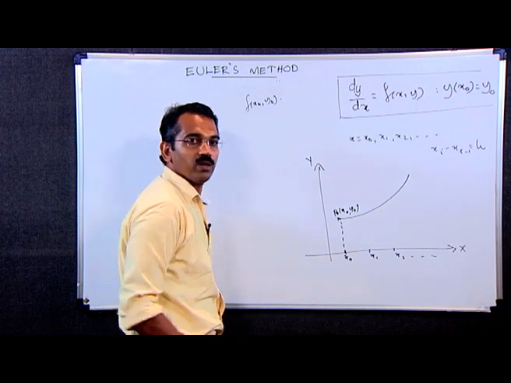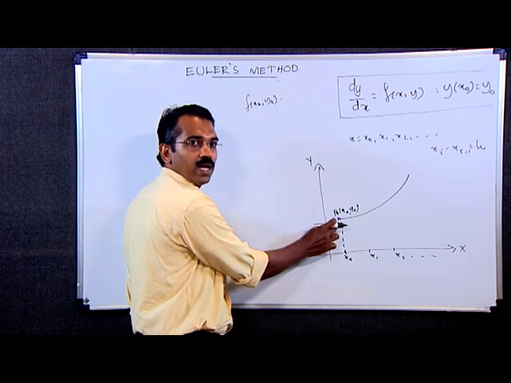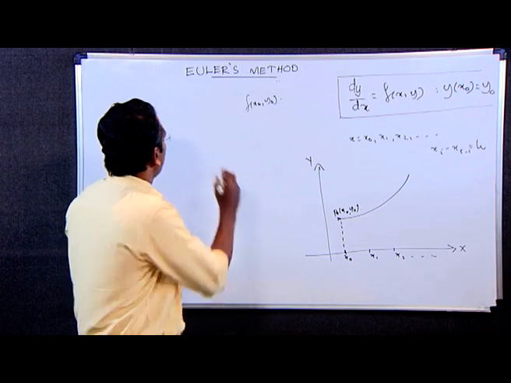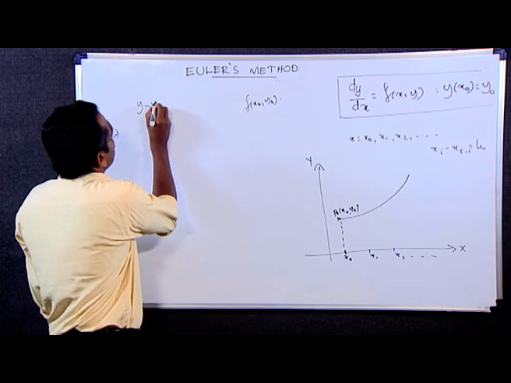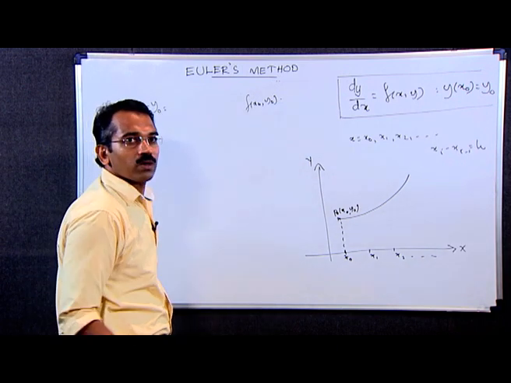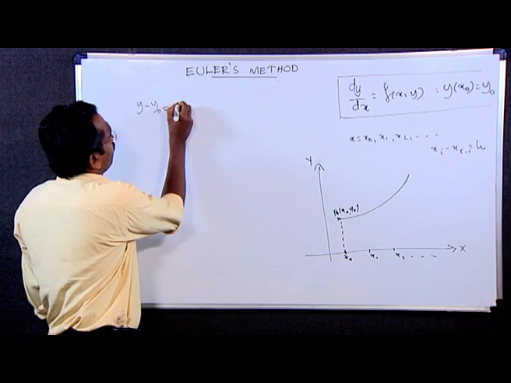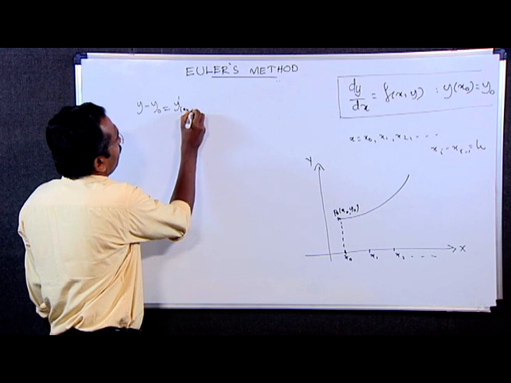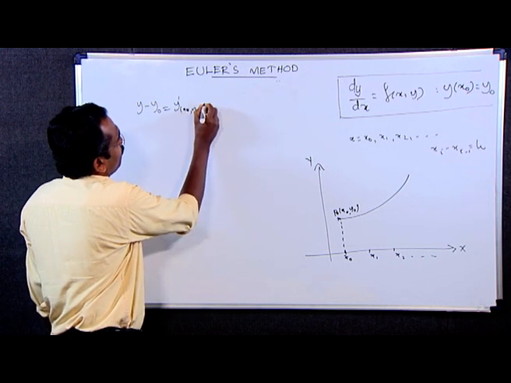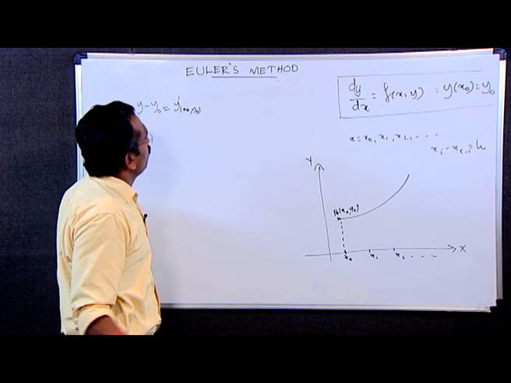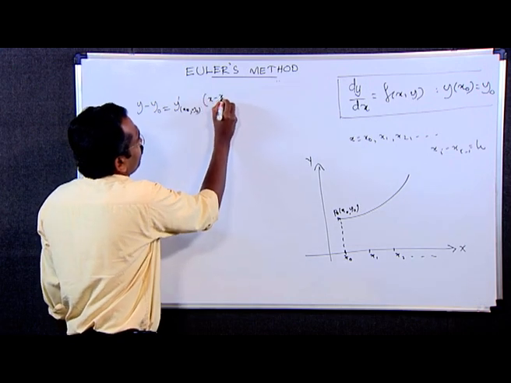Now, the equation of the tangent at x naught, y naught to the curve is y minus y naught is equal to y dash at x naught, y naught into x minus x naught.